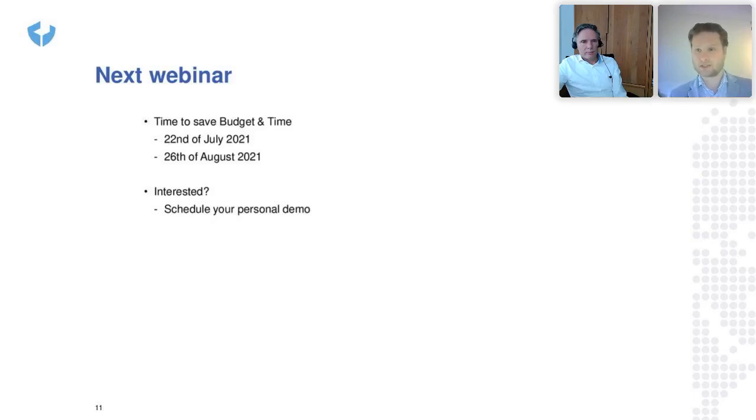If you are interested in that webinar, on your screen you can see the link. I believe it's on the right side of your screen. You can click on register here. It will take you to the registration page. And at the beginning of July, we also start promoting this webinar.